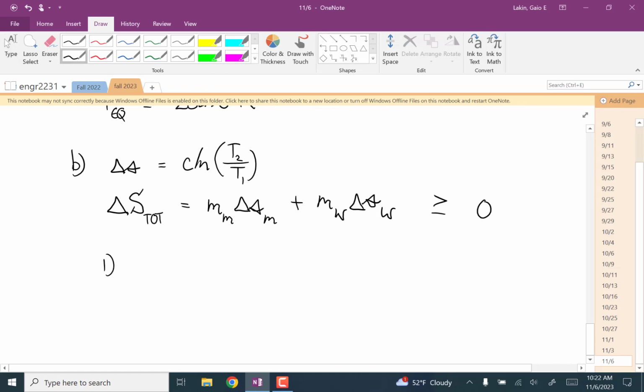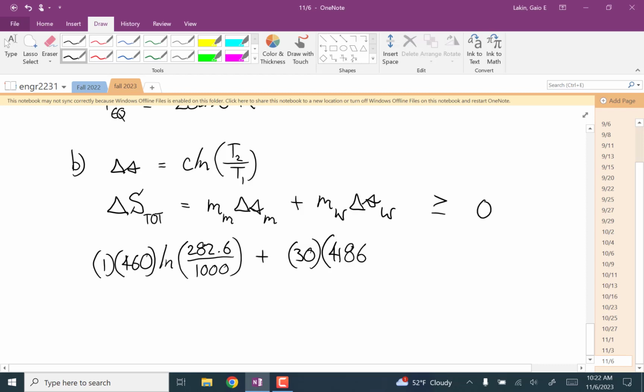So we got 1 kilogram times the specific heat of the metal times the natural log of the later temperature divided by the earlier temperature, plus the mass of the water times its specific heat times the natural log of the final temperature of the water divided by its starting temperature.